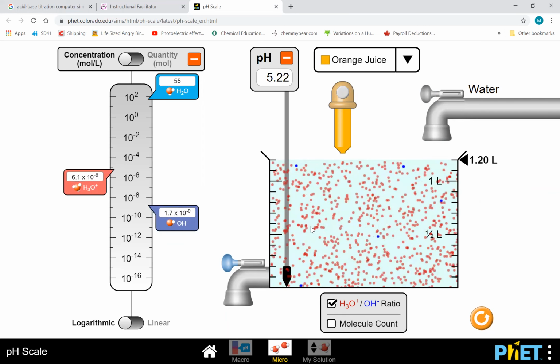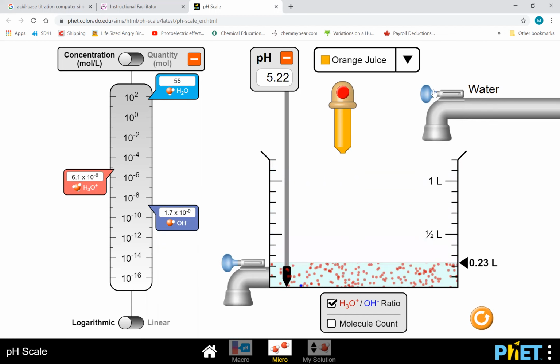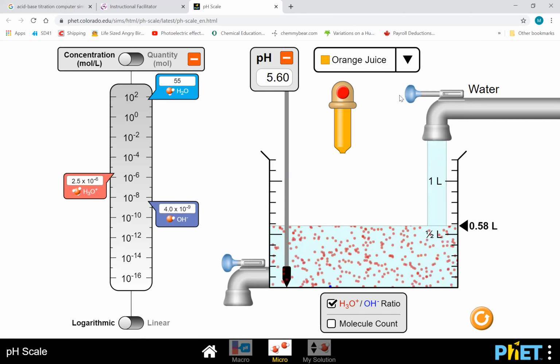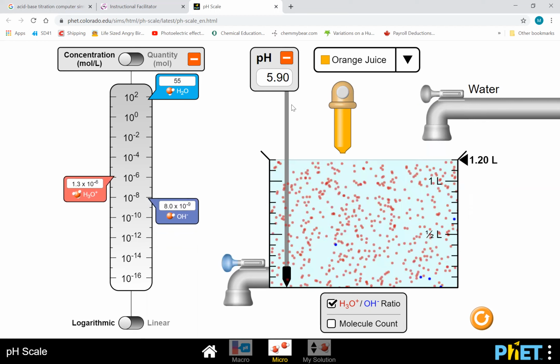It's not to say that you don't have any orange juice particles there, but they are so spread out that they play very little part in the H3O+ concentration. Eventually, there's so little in the dilute solution that it's basically the water particles the pH meter is reading.